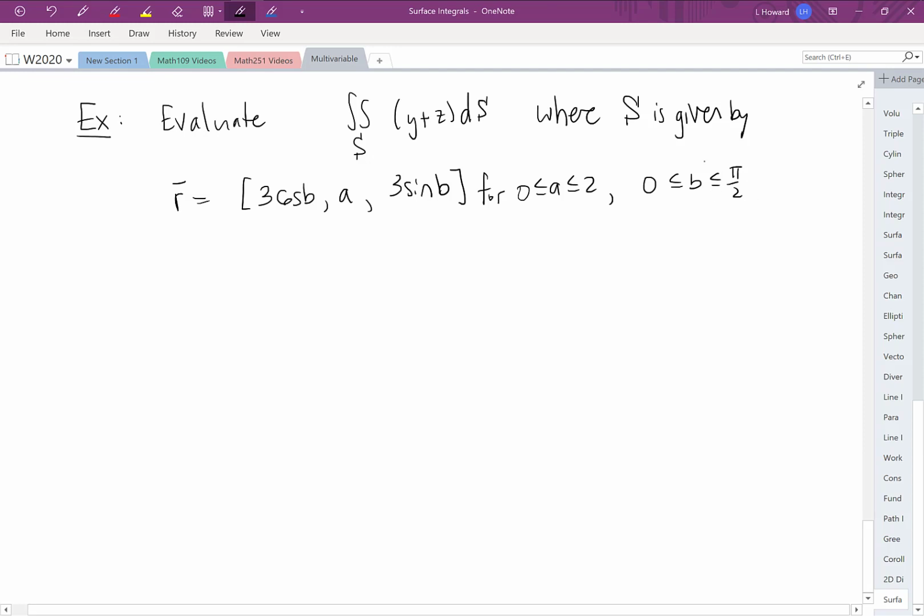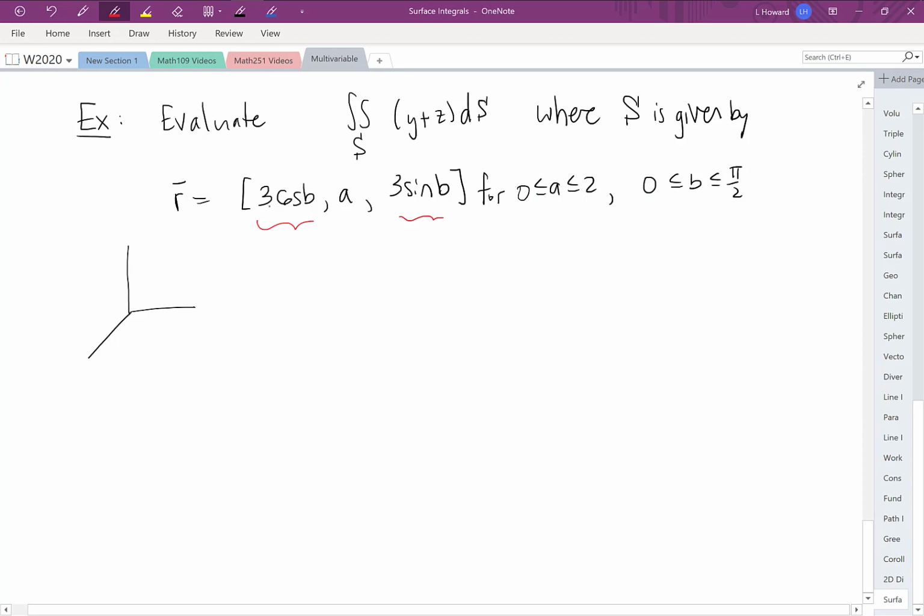So let's draw a quick picture of our parametric surface just to get a visual on what we're doing here. I would say let's look at what's happening in the xz plane. So look at the x coordinate and the z coordinate of your position vector and think about what's going to happen as b ranges from 0 to pi over 2.